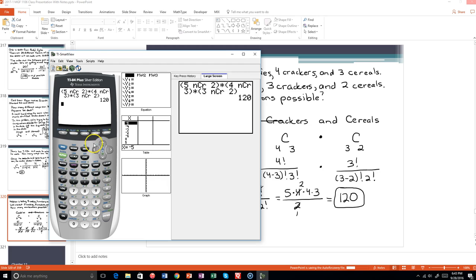Enter. And it'll just do it all for you. So, a nice quick way of doing it.